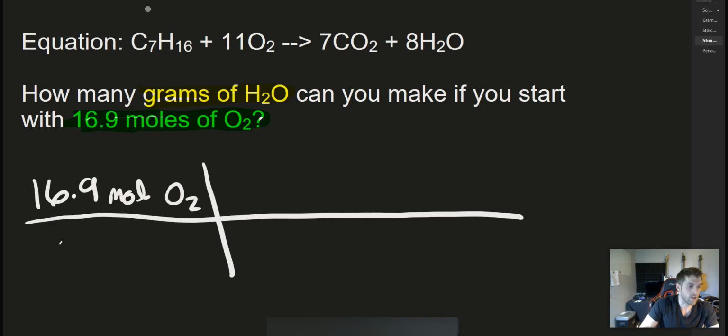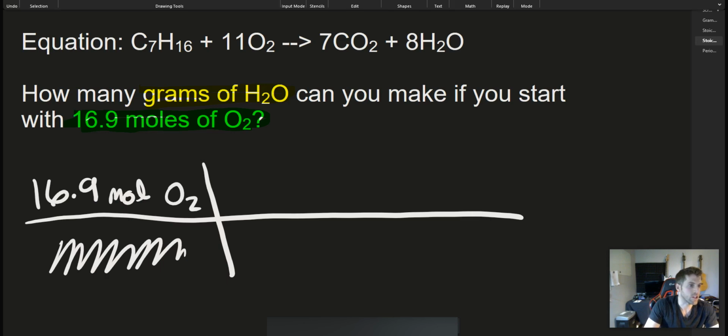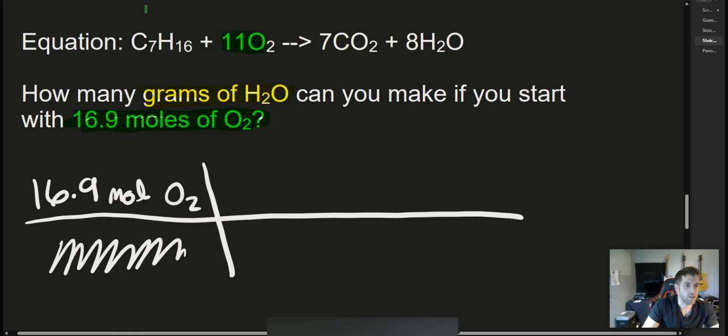Draw our vertical line. Nothing goes here. Whatever we start with, we always put top left. We need to cancel out these moles using the mole ratio. So we need to refer to our balanced equation up top here. O2, looks like we have 11 moles of O2.